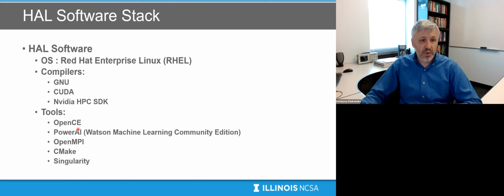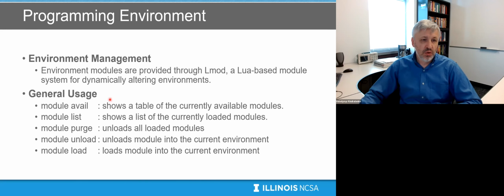So there is OpenCE. There is also an older collection of tools called PowerAI. You can choose which version to use through the environment modules. This is supported by the HAL module system for dynamically alternating environments.